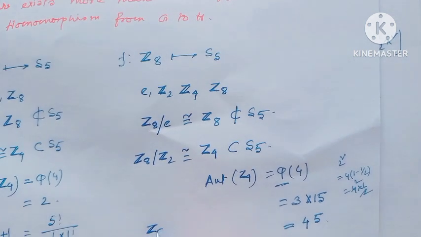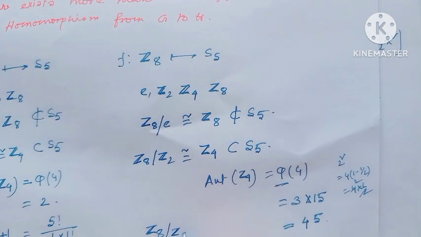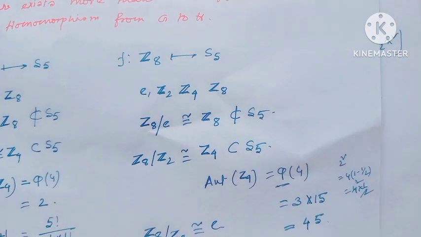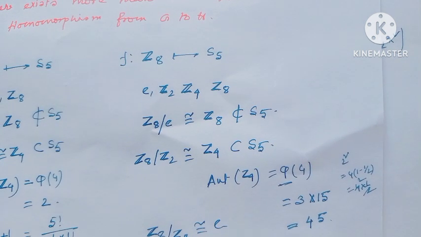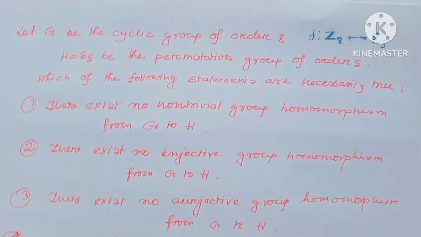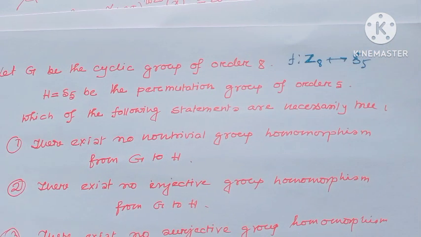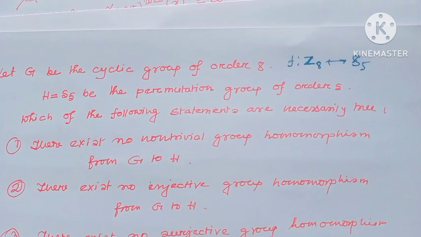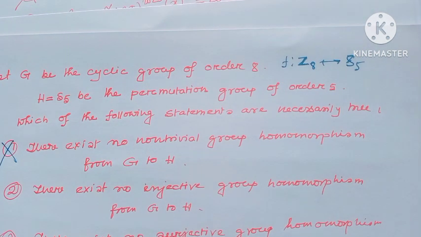Next, Z8 modulo Z8 is actually the trivial homomorphism. That means there exist 46 group homomorphisms. So option 1, there exists no non-trivial group homomorphism, is a wrong option.